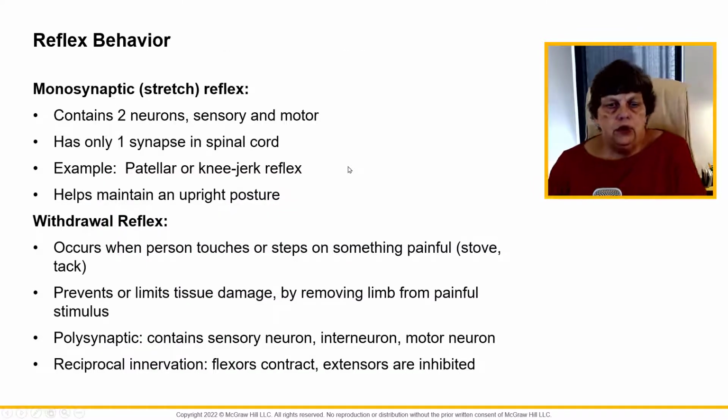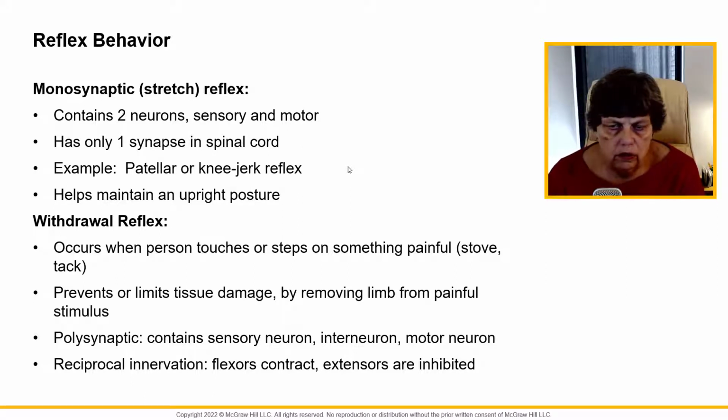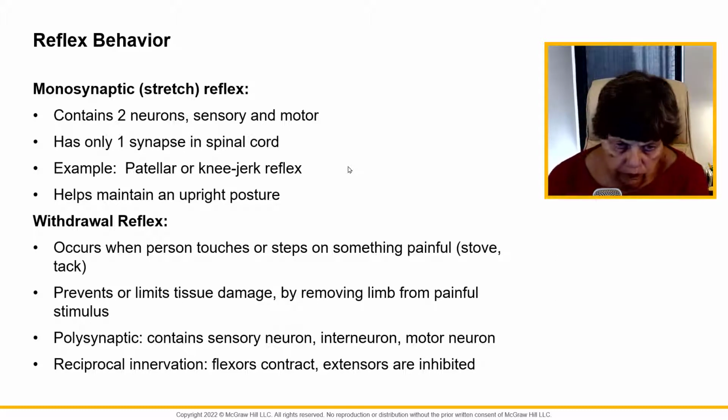Okay, so when you have reflexes, you have a monosynaptic or stretch reflex, very quick, very fast, 2 neurons, sensory motor, and you have only one synapse. And this is the kind of thing like, you know, knee jerk, you tap on that knee, and yeah, you're going to kick something. It does help us maintain upright posture. We are able to keep from tipping over, you know, and falling down.